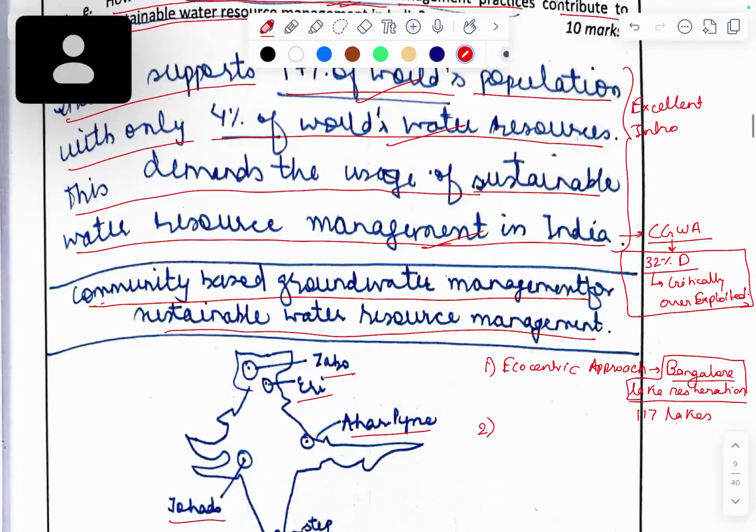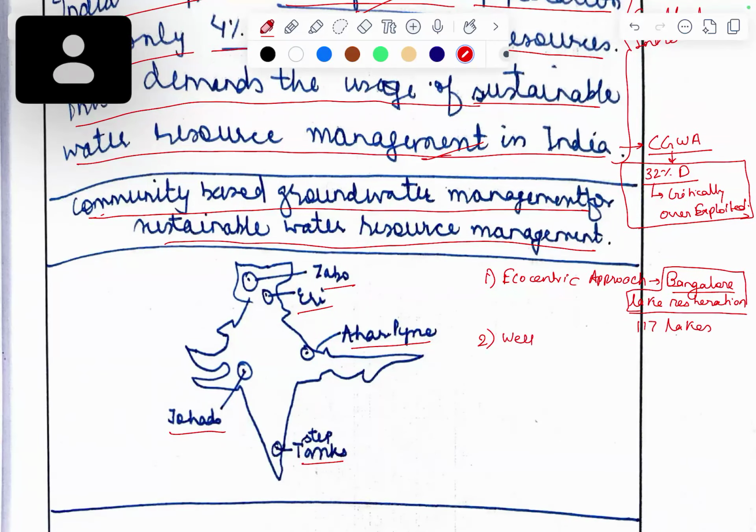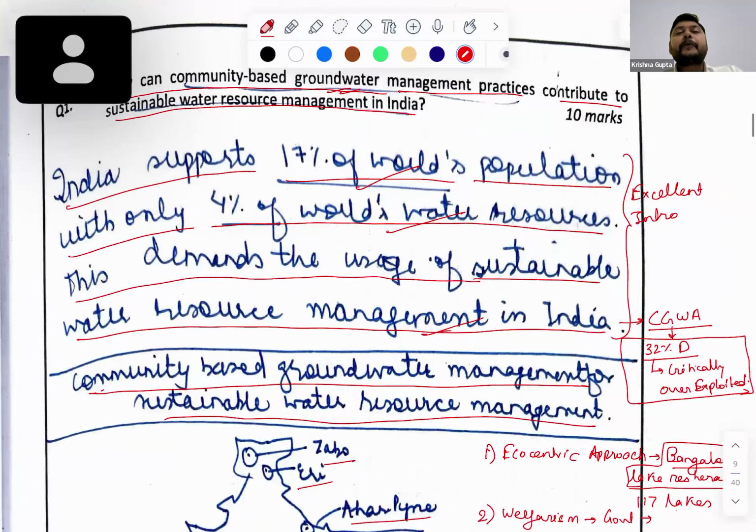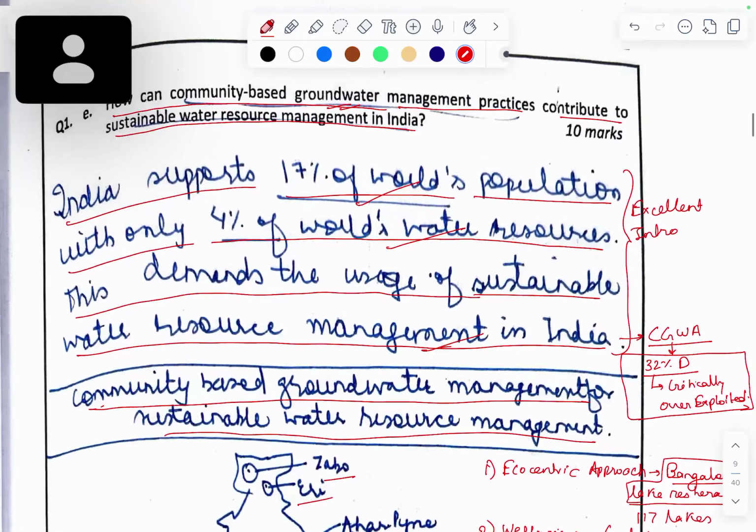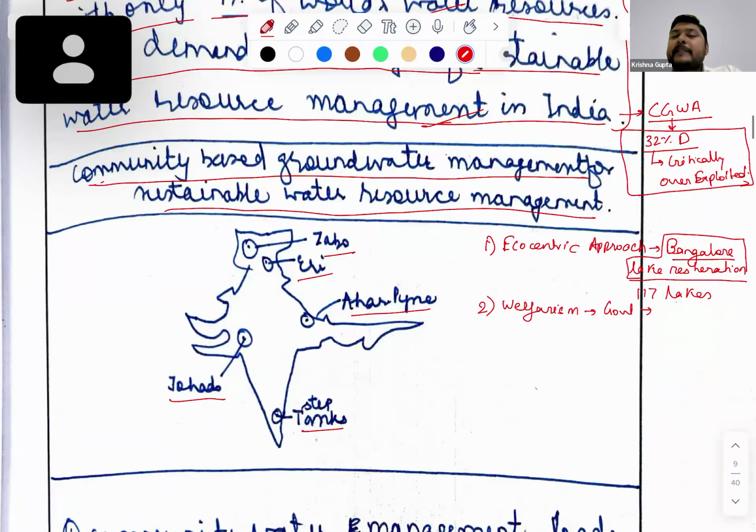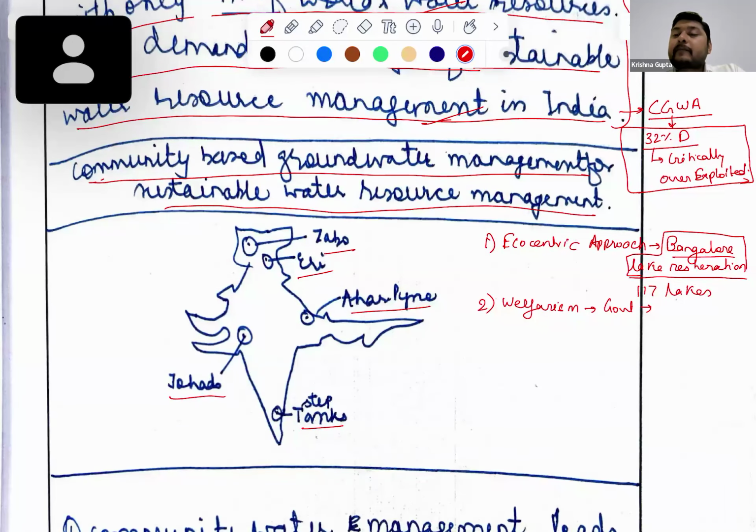Second thing, what we can add here? Welfare geography can be added. Welfare aspects, welfareism. This is giving the onus on the government. Because this is an Indian question, from paper 2, I can write certain schemes here. Schemes like Atal Bhujal Yojana.